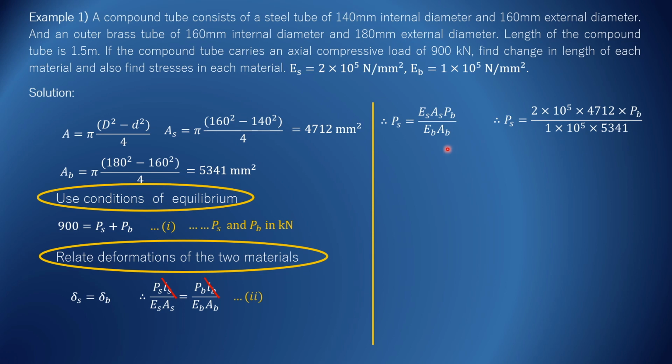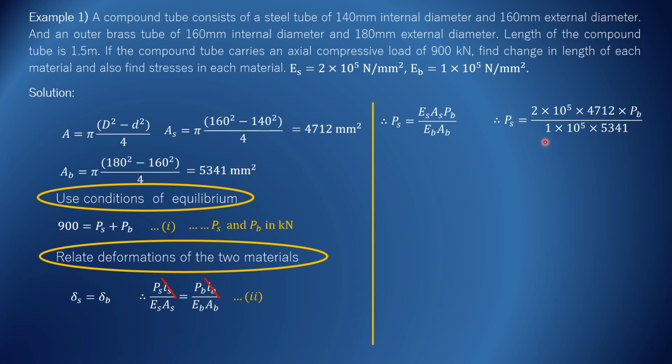Then EB is 1 into 10 raised to 5 Newton per millimeter squared and 5341 millimeter squared. Then PB is in kilonewton, don't forget. So PB into 10 raised to 3, you should convert it into Newton. Again on the left hand side also PS should be in Newton, that is PS into 10 raised to 3.